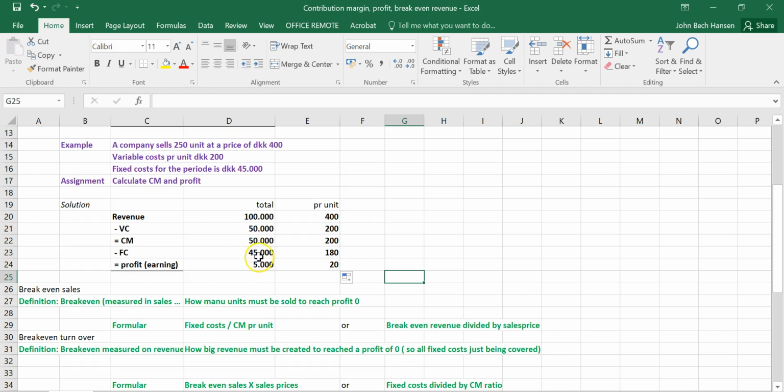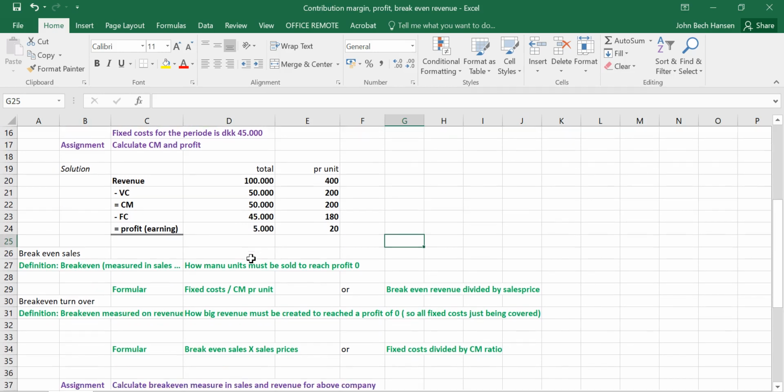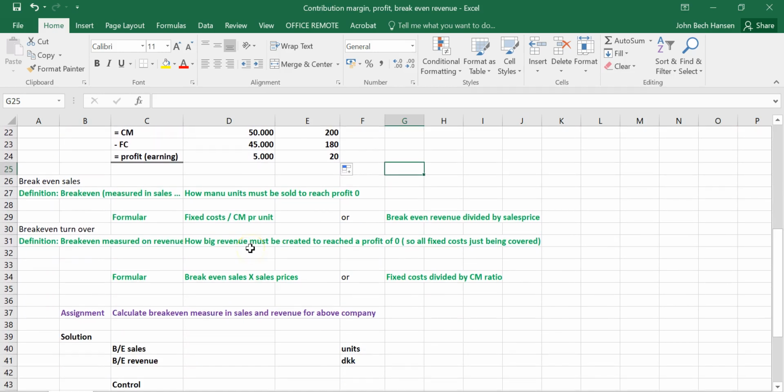Because you can see if they sell nothing, of course, then they will have a loss of 45,000 because they still need to pay rent and other fixed costs. So how much do they have to sell? Well, break-even sales, the formula was the fixed cost divided by the contribution margin per unit. And the fixed cost was 45,000.